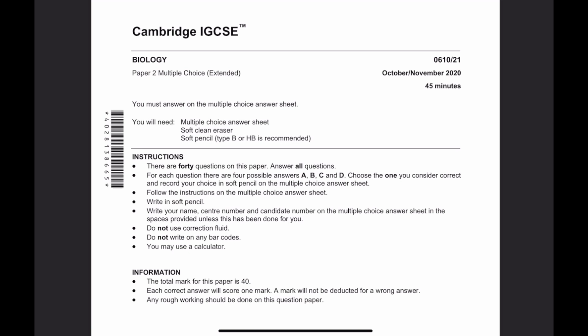Hi guys. This time we are going to look at a paper two, questions for 2020 October and November. It's the 21 version. There are 22 and 23, but not 32, but 23. But we're going to look at 21 because it's the basic one.